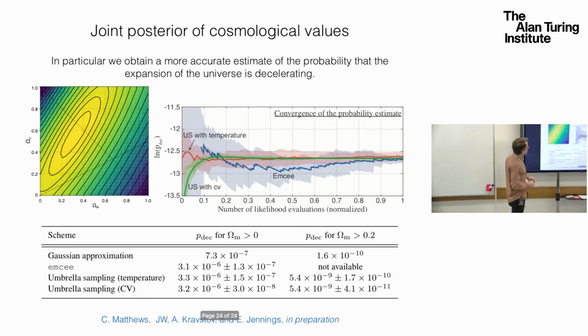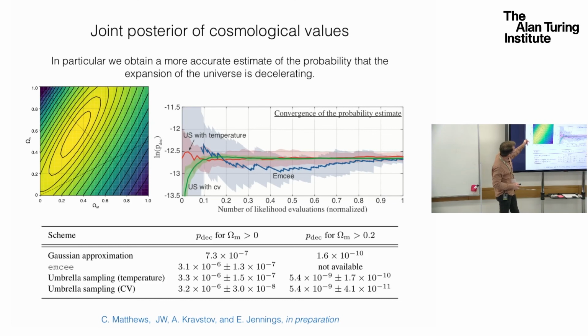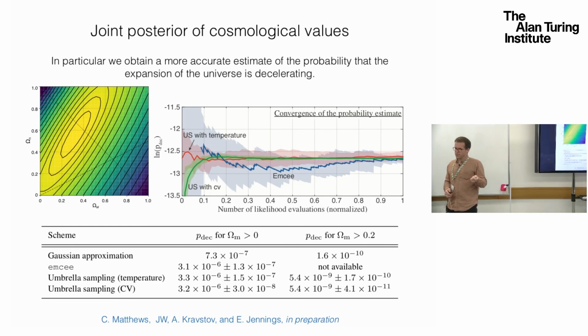Okay? The reason he cared about that tail was that if you look below this dotted line, which has slope a half, you get parameter values corresponding to decelerating expansion of the universe.